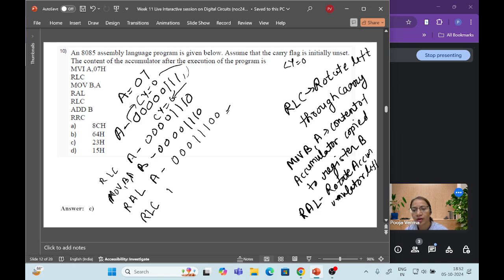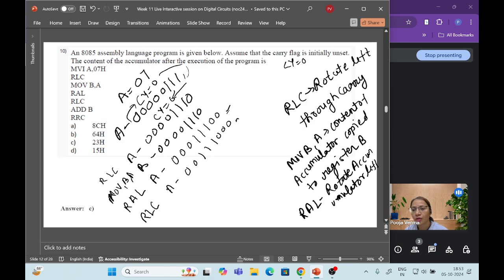Okay. Now again the content in the accumulator, carry is 0, already we know that. So 0 0 1 1 1 0 0 0. The new content in the accumulator will be this one.